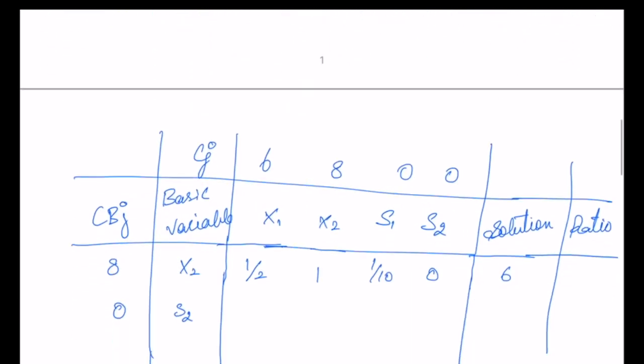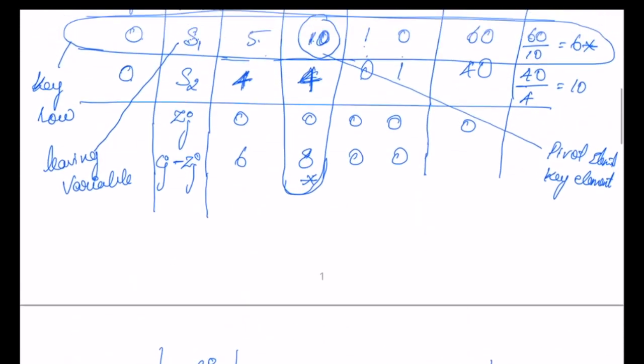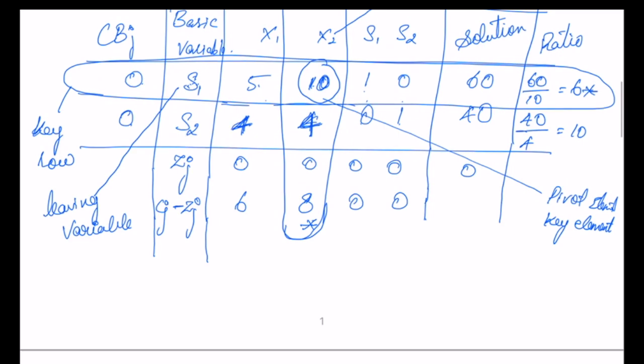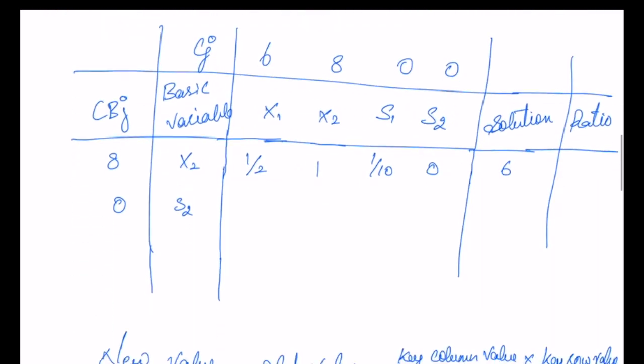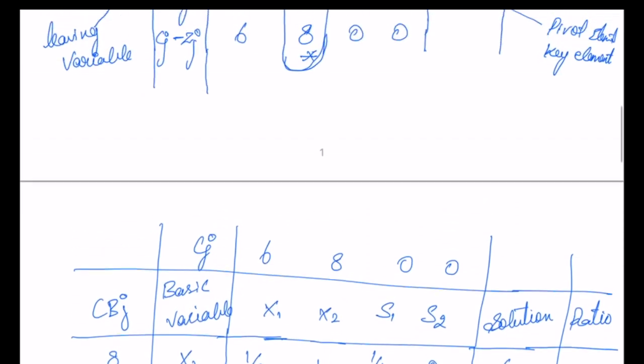Okay. So the old value is 4 minus key column value. The corresponding key column value for this 4 is 5, into key row value.